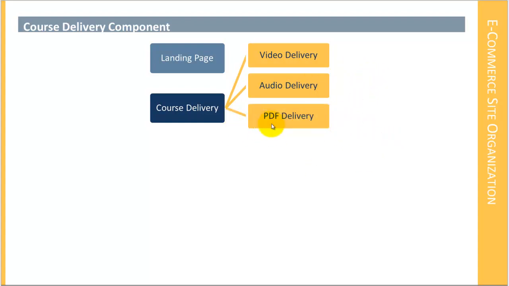We'll have text delivery in the form of PDF delivery, and the PDFs by and large are going to be secure. The PDFs will have copyright stamps on them and things like that that are unique to the people who have paid you for them. And that course delivery is definitely going to focus on securing content.